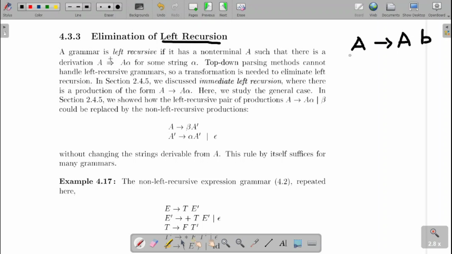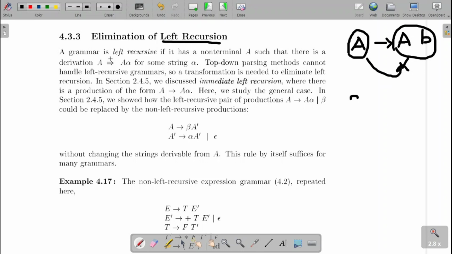Left recursion means the root of the production is also the first symbol in the body of the production. Such a case we call immediate left recursion. Here immediately we have the left recursion.